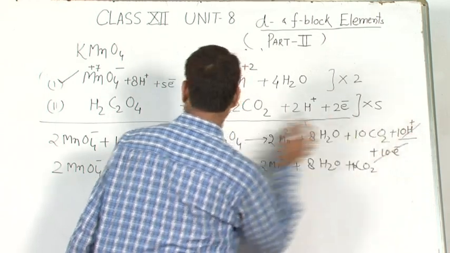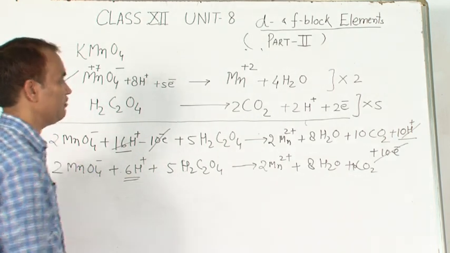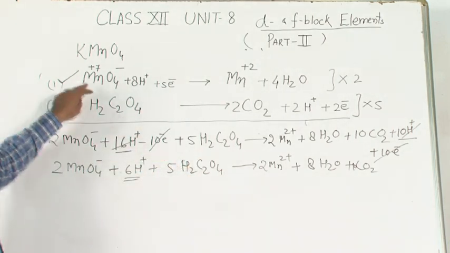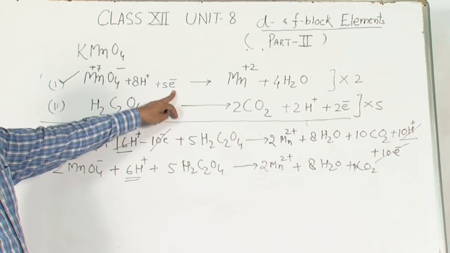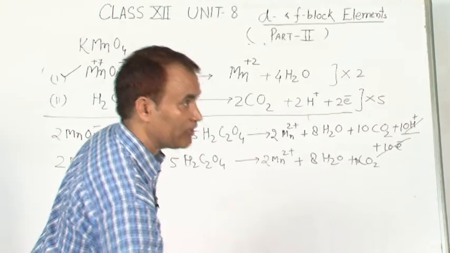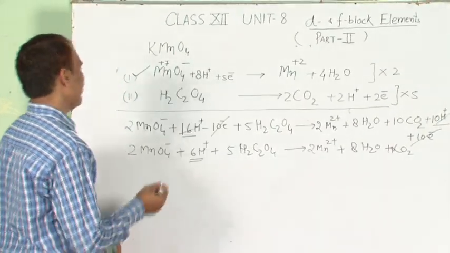This is cancelled. We write here 6. This is the equation. So instead of learning this equation, better to learn this equation. This is common for all the oxidizing properties of KMnO4 in acidic medium. Then learn the particular reactions. There are other reactions.